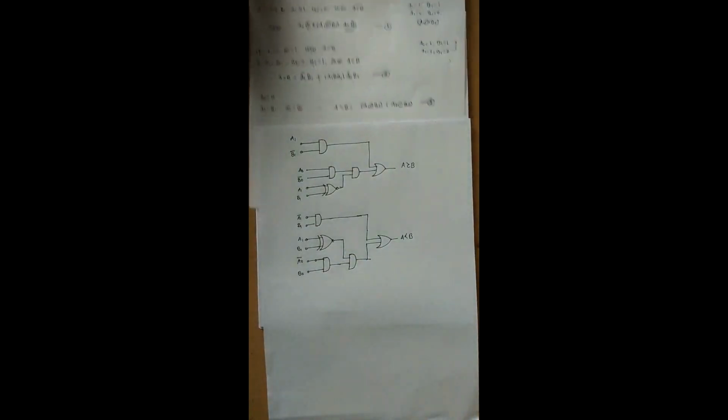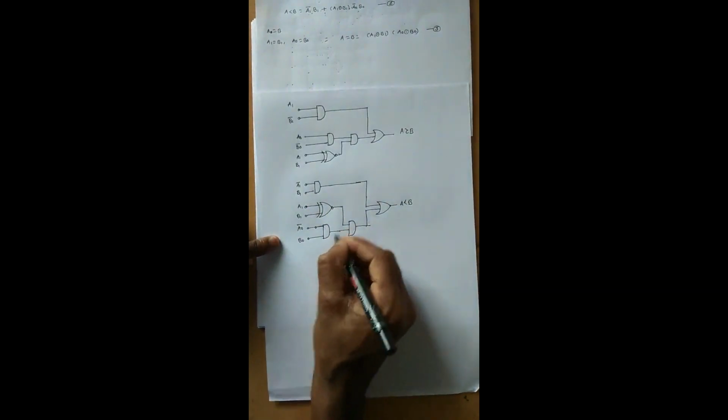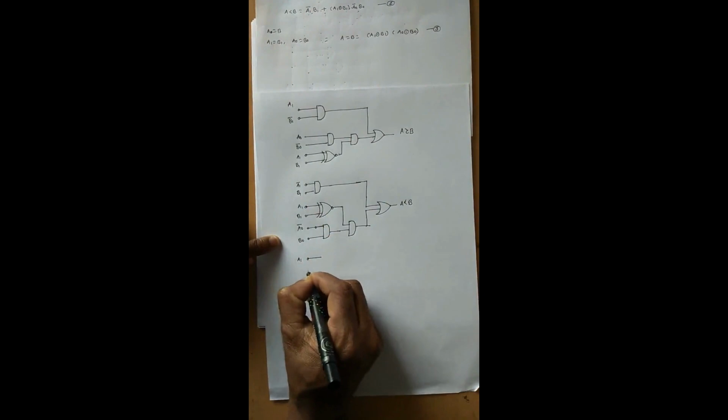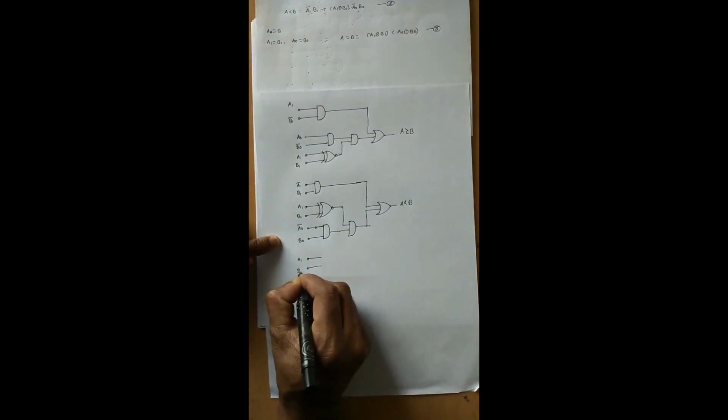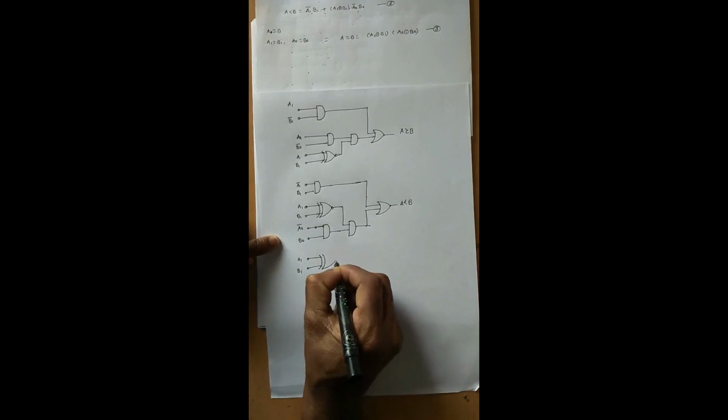And the last, what is the A1 and B1 for both? A1 and B1 both are XNOR with each other.